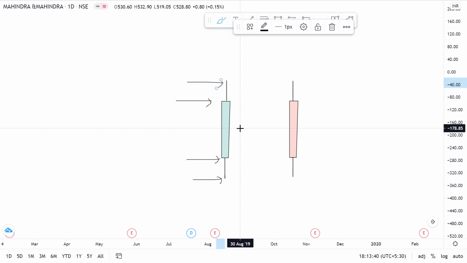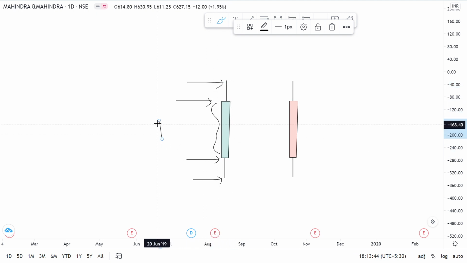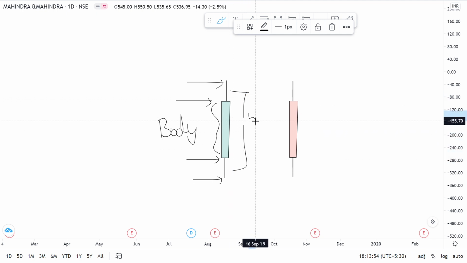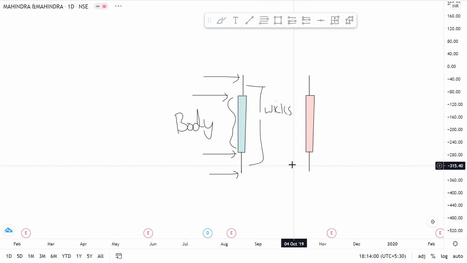So what do these mean? This green part of the candlestick is called the body of the candlestick, and these two lines on the upper and lower side are called wicks. So what do these represent?